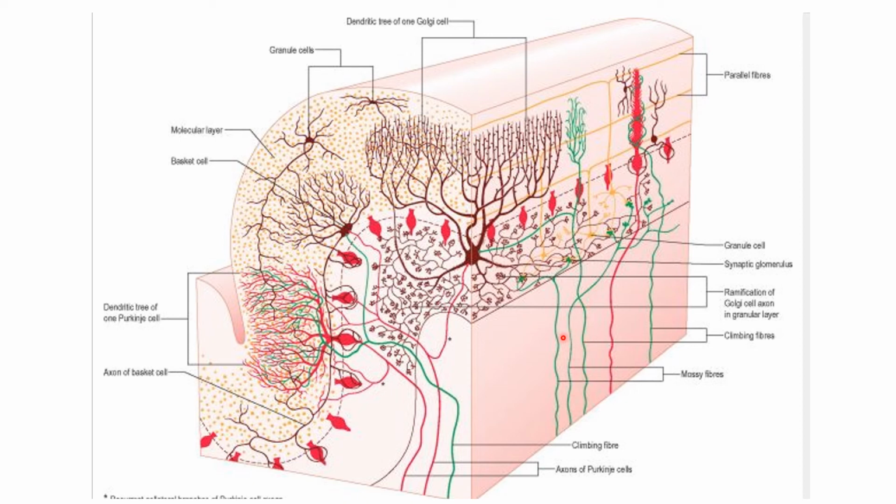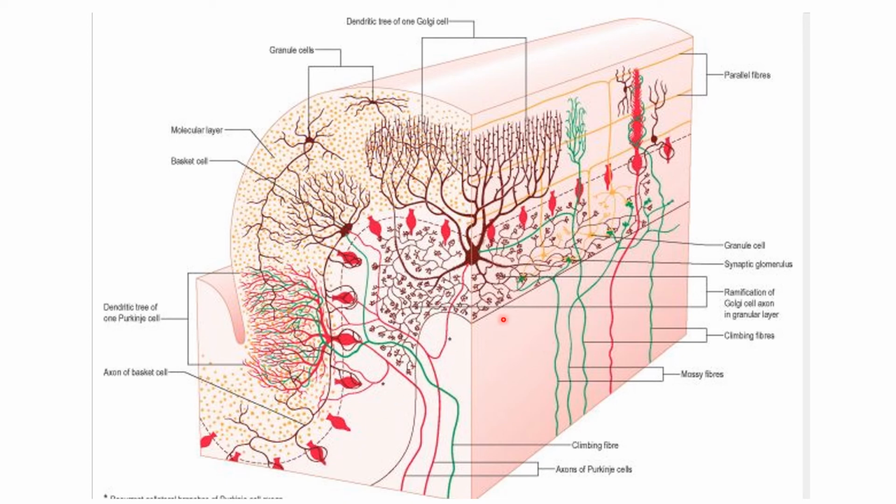All these are the mossy fibers. The only climbing fibers are from the olivary nucleus, that is olivocerebellar. So there are two types of fibers: climbing fibers and mossy fibers.